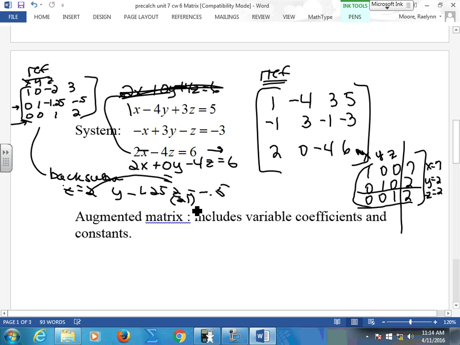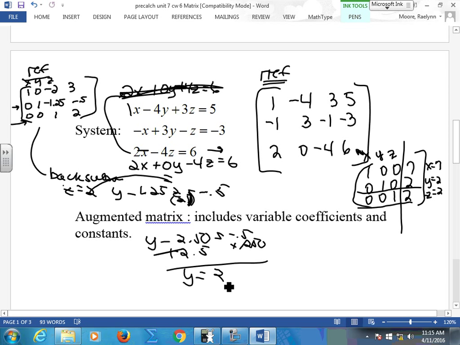You don't like that. It's a little bit longer, but we can do it. Y minus 2.5 equals negative 0.5. We're going to add 2.5. So if we add 2.5, we get Y is equal to 2. See it? Now we're going to back substitute into this guy.